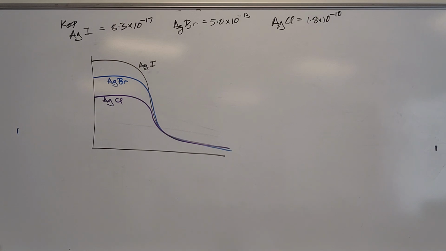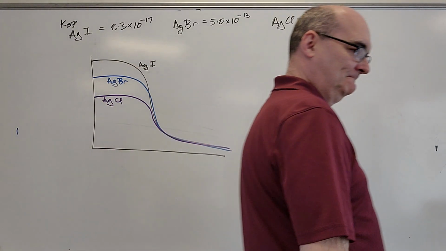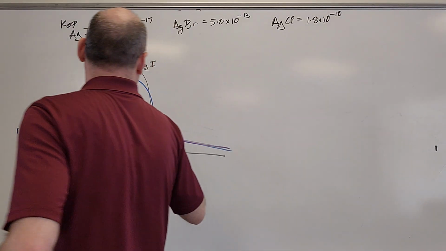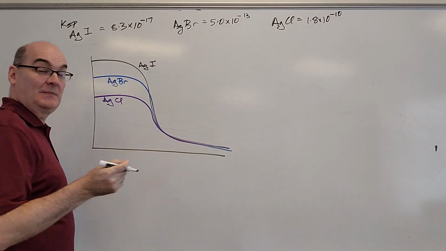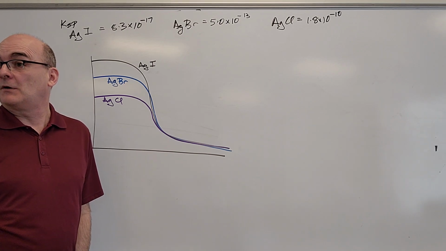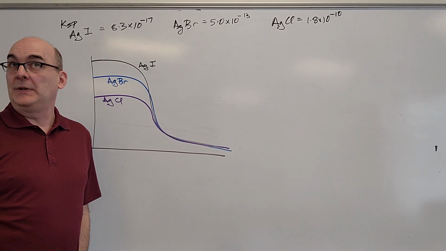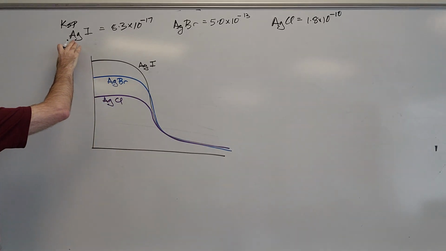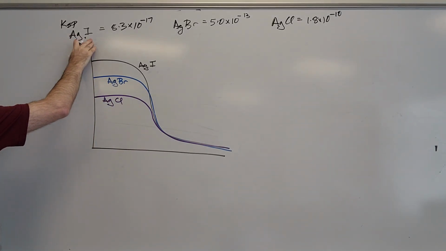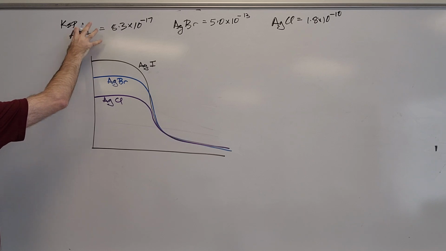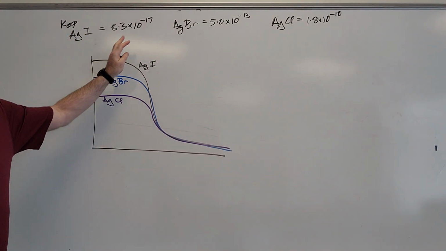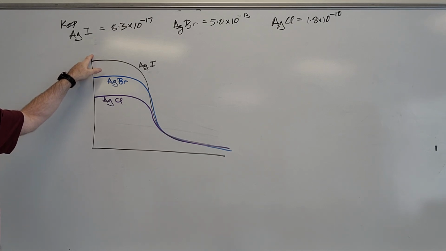We see this. They stack in terms of the Ksps, and the equivalence points are at different points, because this one takes out all the iodide, precipitates, and then only puts back a tiny amount of Ag+.